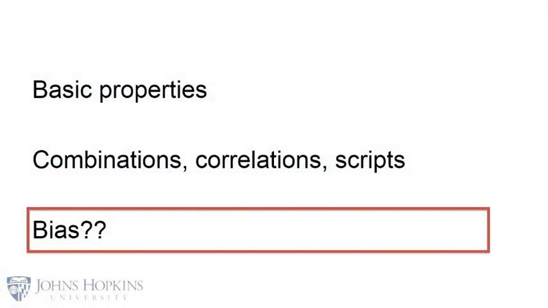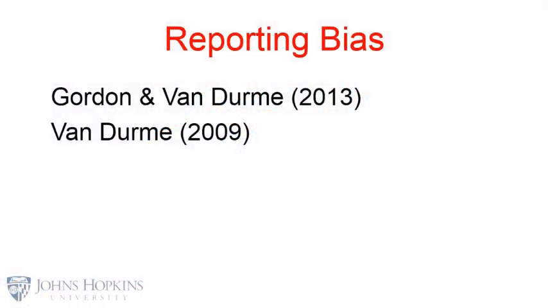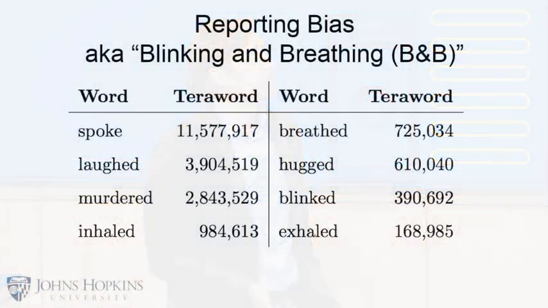Now, the fact that we were able to do so well on this based on a discriminative language model is actually very concerning to me. It's great to get state-of-the-art results in anything, but it makes me question the utility of this metric because of something I'm going to refer to as reporting bias. Reporting bias is otherwise known as the blinking and breathing problem, which is to say we never talk about blinking and breathing.